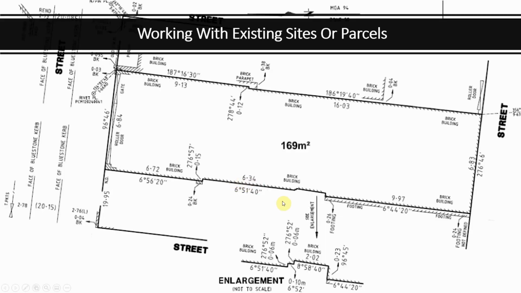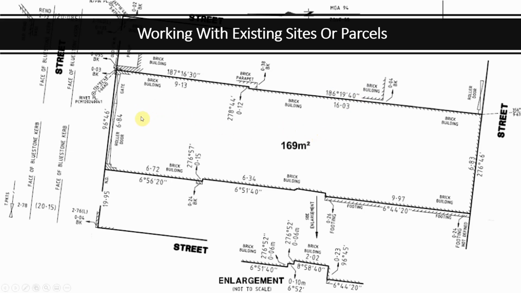As well as working with new subdivisions, we'll be working with existing sites. For example, when we have an existing site and we have what we call the land title, this is an example of a land title for the parcel. How can we translate all this information and draw this on the computer? Because that will set up the foundation, or the basics, for our new engineering design.